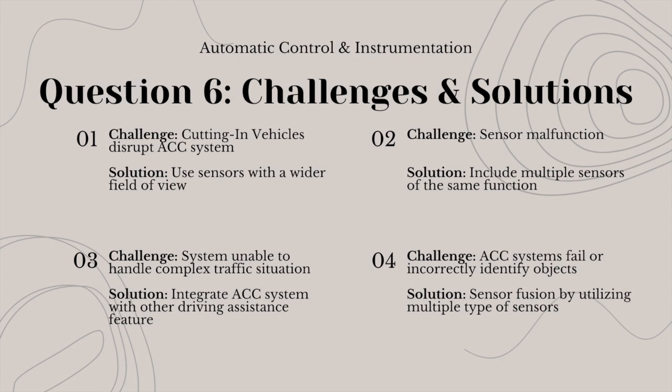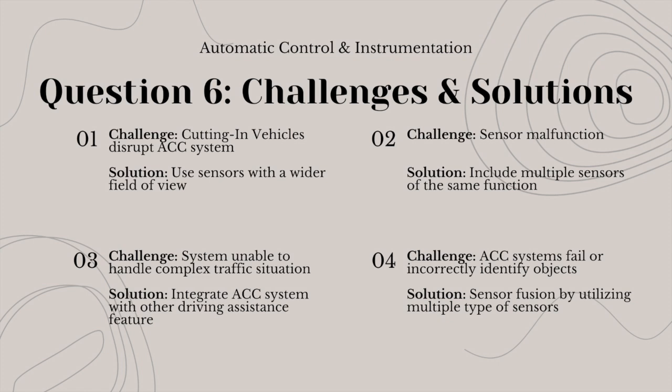There are several challenges that can arise in adaptive cruise control systems. Our first challenge is cutting-in vehicles disrupting the ACC system. When a vehicle unexpectedly cuts into the lane, it can cause the ACC system to react unpredictably, potentially leading to an unsafe situation.